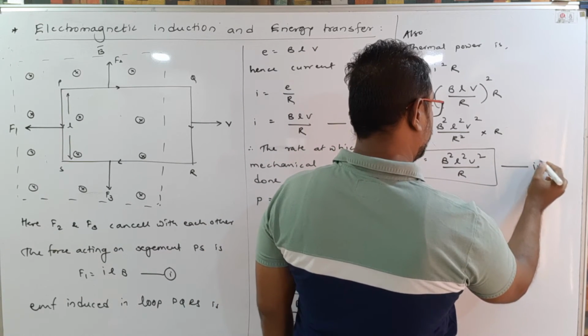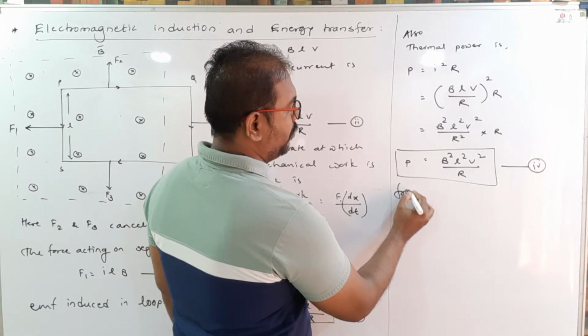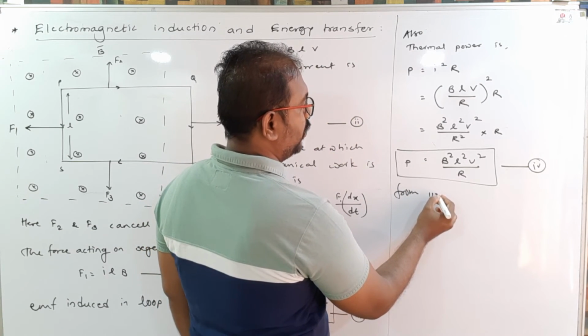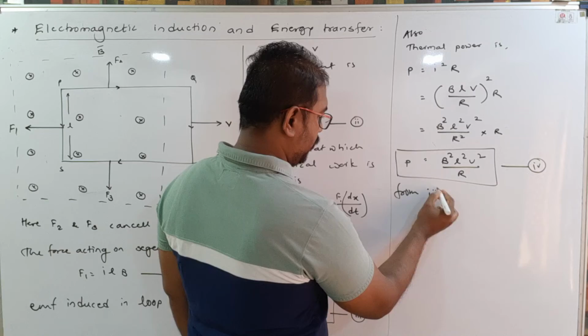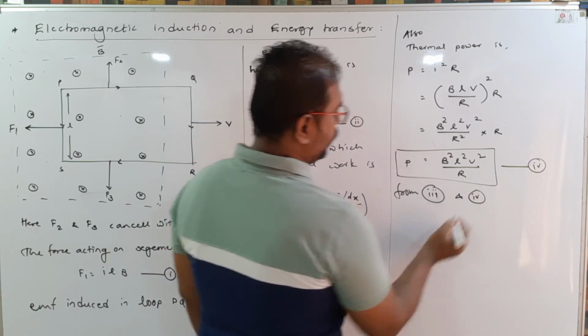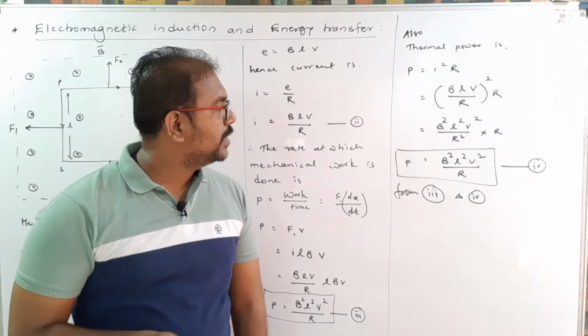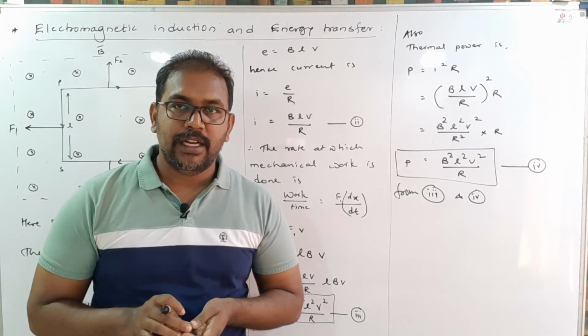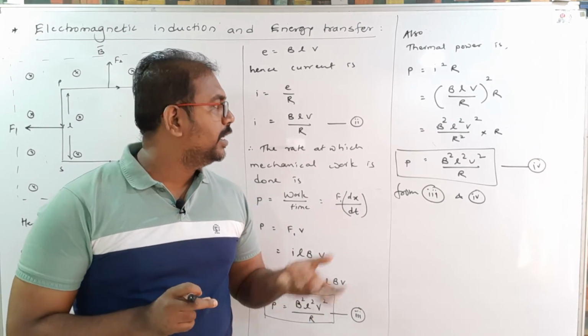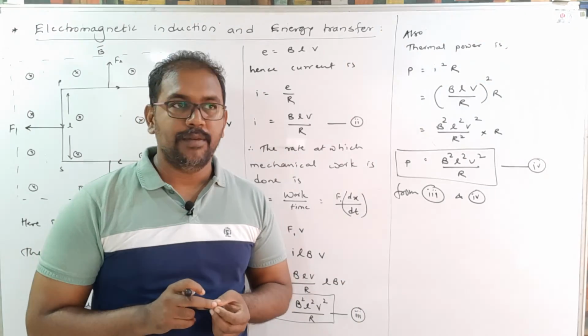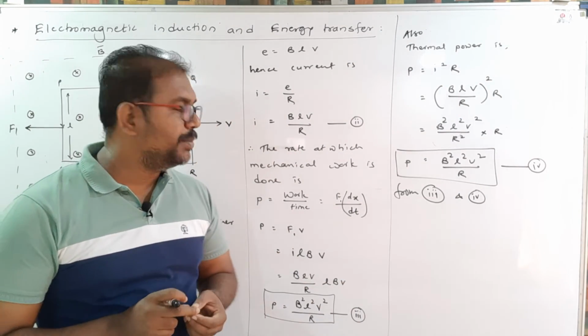This is equation number 4. Now you can see from equations 3 and 4 that equation 3 is the rate at which mechanical work is done, and equation 4 is the rate at which heat is produced in a conductor. Both formulas are the same.